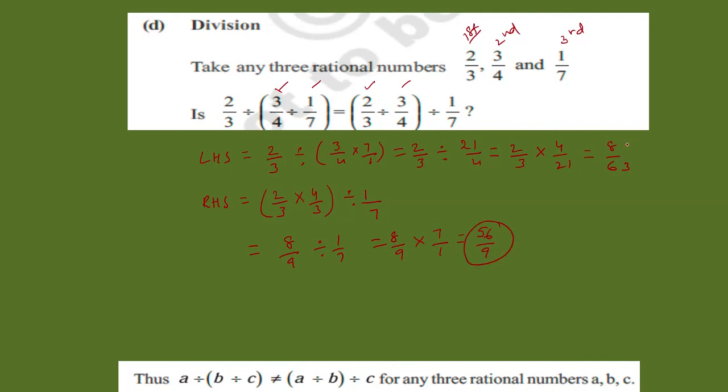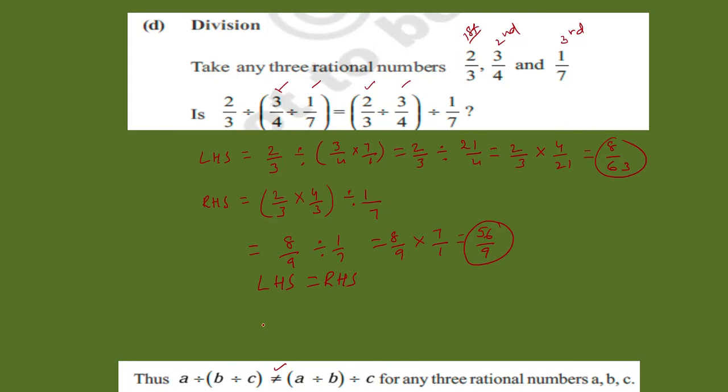Then you observe both quotients: 8 by 63 in the first case and 56 by 9 in the second case. That means LHS is not equal to RHS, and we can say the rational numbers do not satisfy the associative property under division. You may observe what is written at the bottom of the screen. For any three rational numbers A, B, C, what is the symbol put there? Not equal to. So division is not associative in rational numbers.